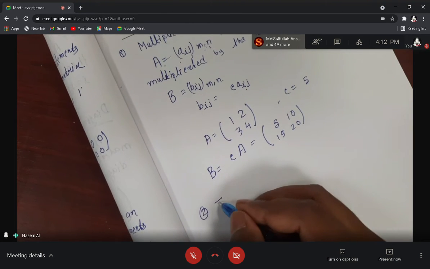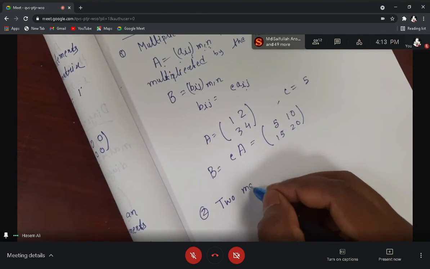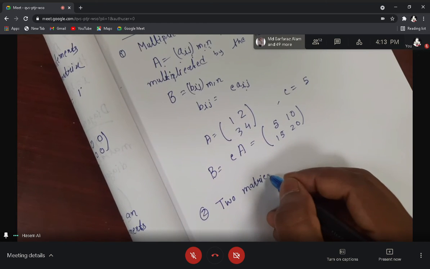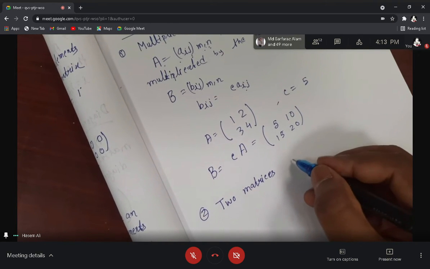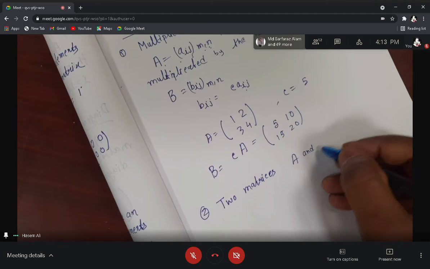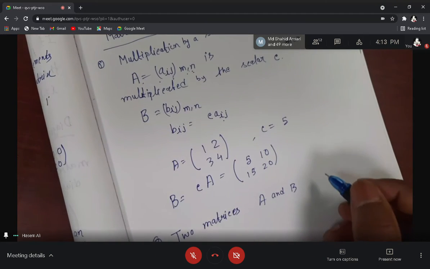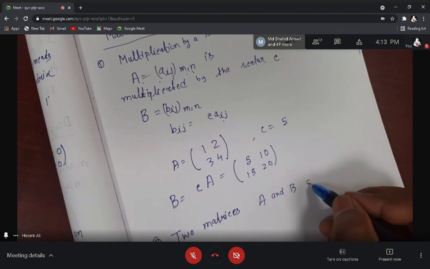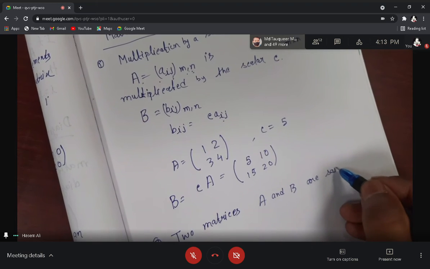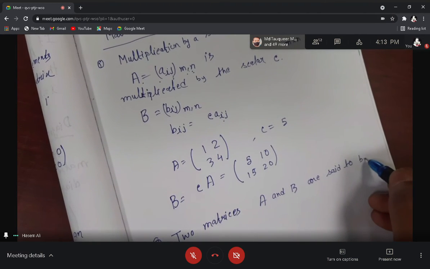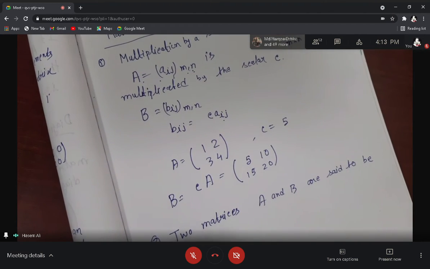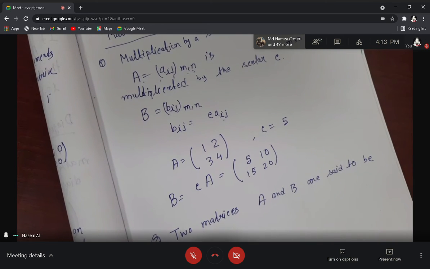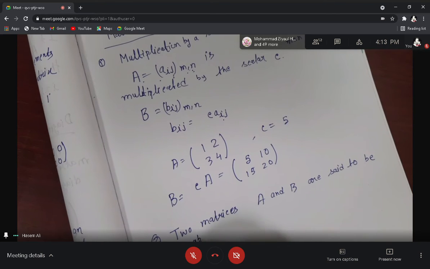Two matrices A and B are said to be conformable for addition.